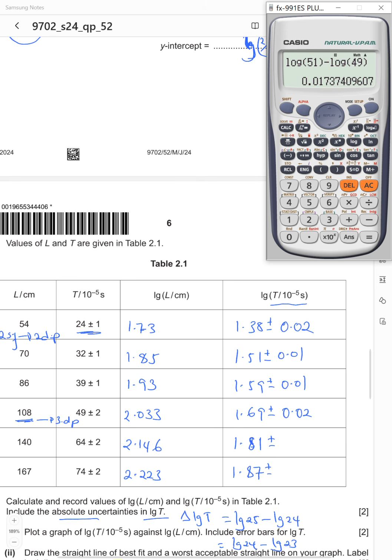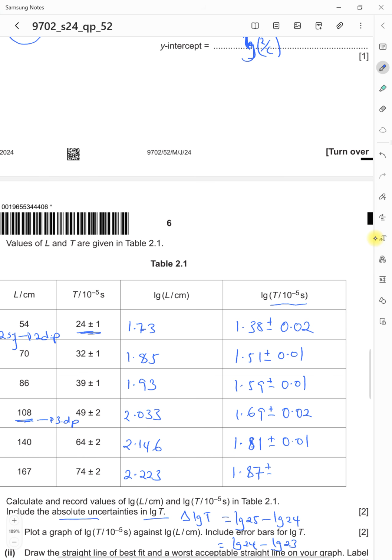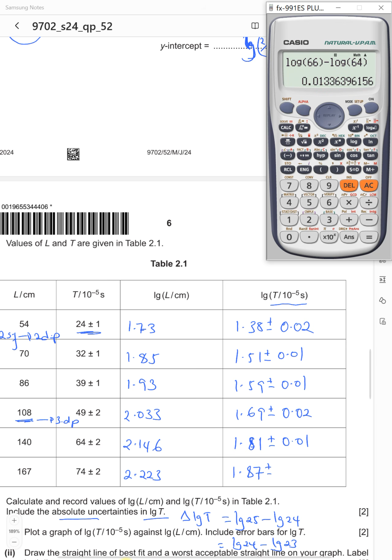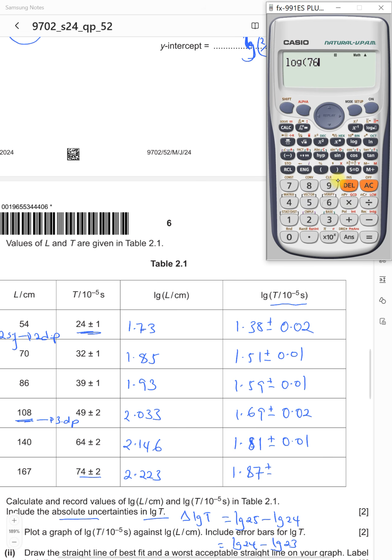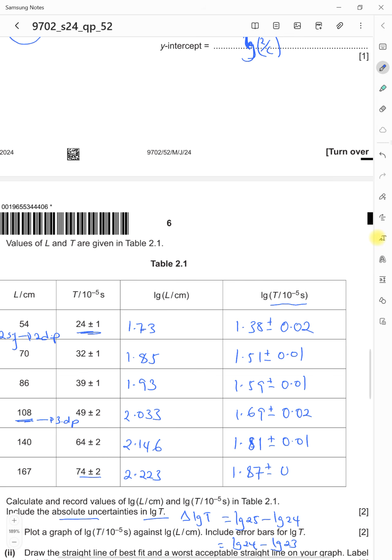The next one is log of 64 plus 2, that is log of 66, minus log of 64. That is 0.01. Then the next is log of 74 plus 2, which is log of 76, minus log of 74. So that is also 0.01.